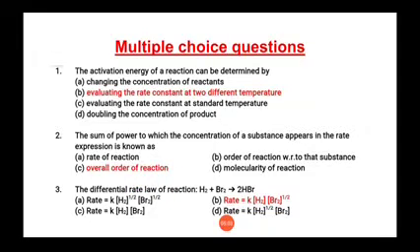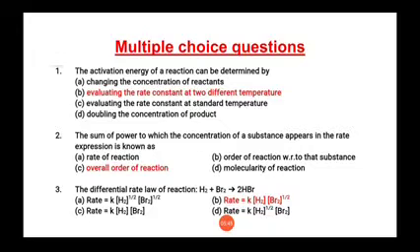Question number 3. The differential rate law of the reaction H2 plus Br2 gives 2HBr. Four options are given to us. First, rate is equal to k [H2] raised to 1/2 into [Br2] raised to 1/2. B, rate is equal to k [H2] raised to 1 [Br2] raised to 1/2. C, rate is equal to k concentration of H2 into concentration of Br2. And option D, rate is equal to k [H2] raised to 1/2 into [Br2].